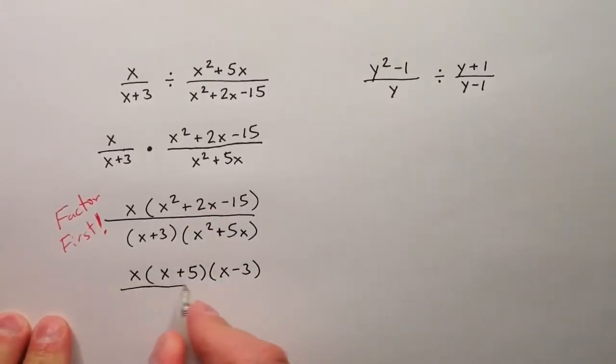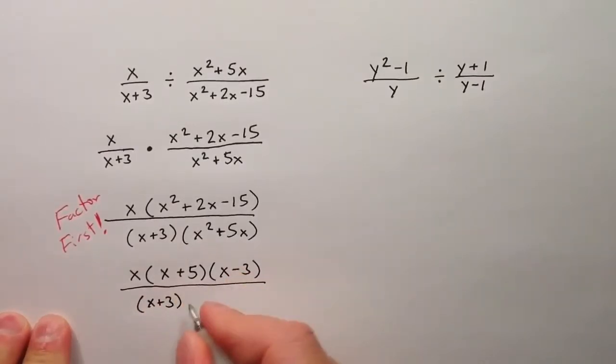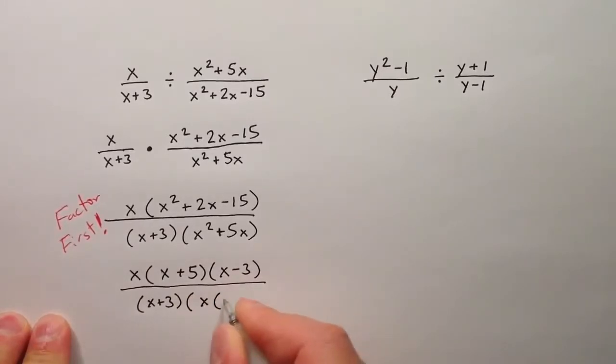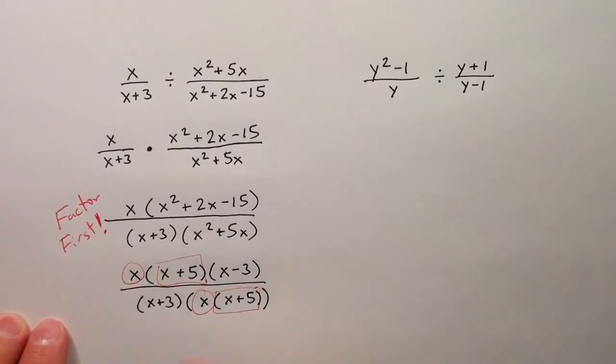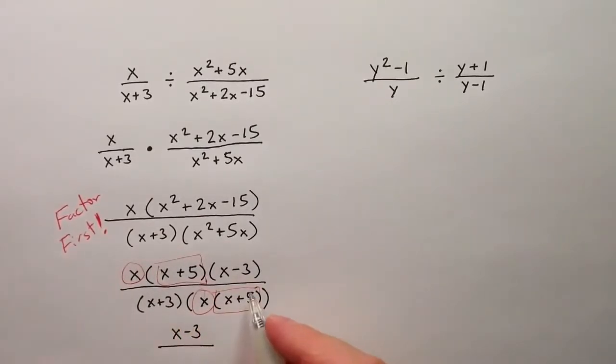On the bottom, I have x plus 3, and I can factor out an x, and that leaves behind x plus 5. So x plus 5 is a common factor, and so is the x. So what we're left with is simply x minus 3 up top, and now I can drop the parentheses because there's nothing else being multiplied, over x plus 3.